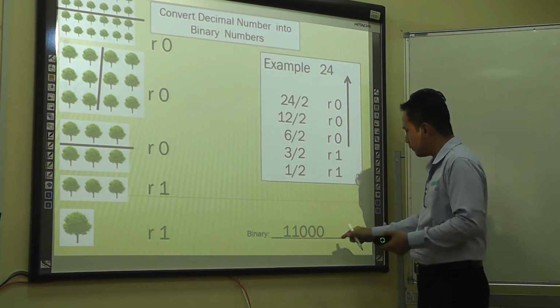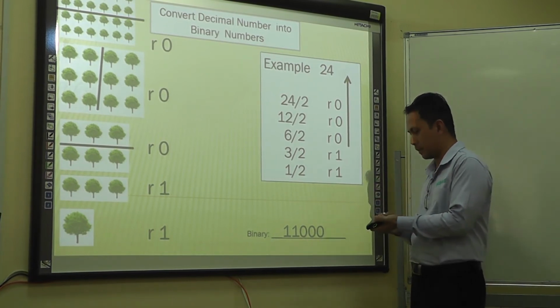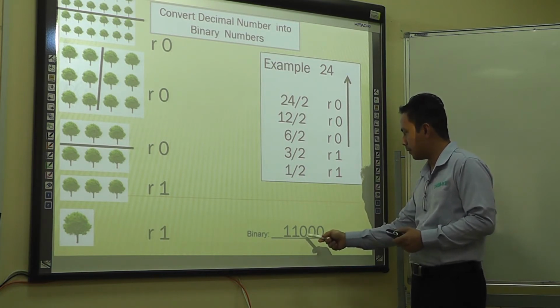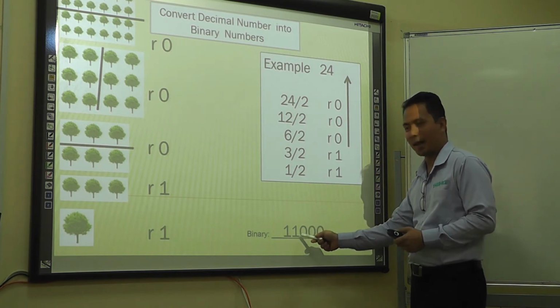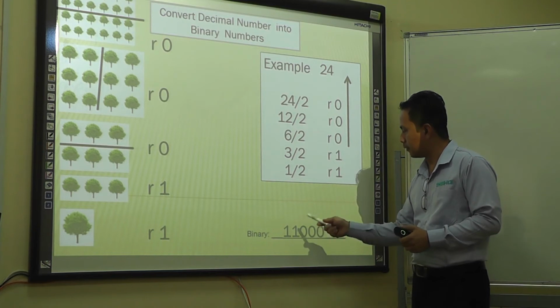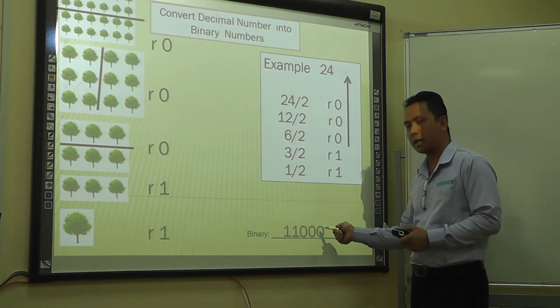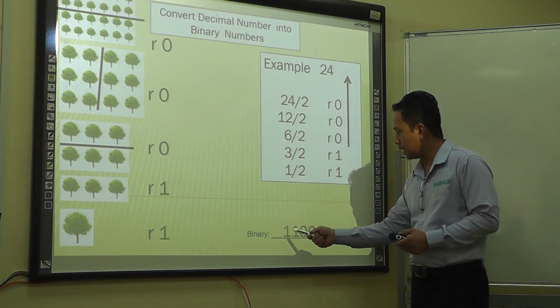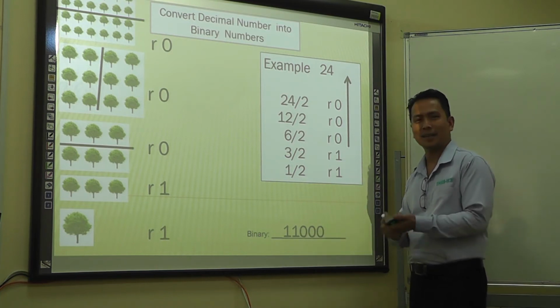So, for this value, this is 1, 2, 4, 8, and 16. Okay? But if you see, these 3 numbers don't have any value. So, other than 16 and 8 has the value.